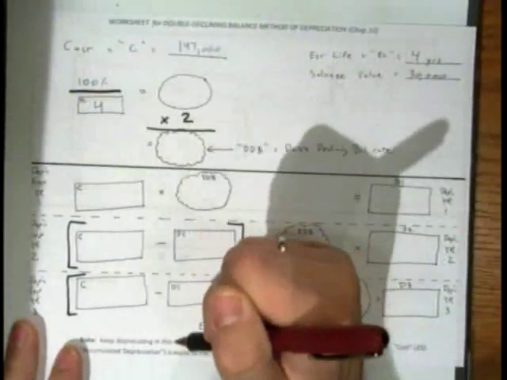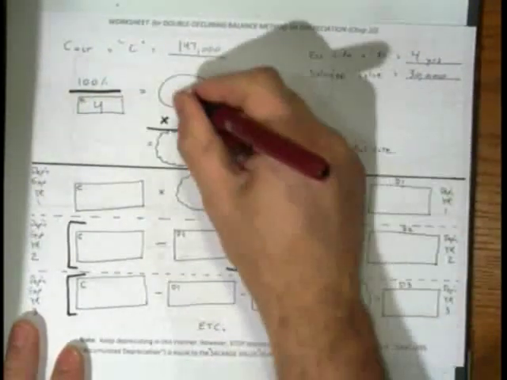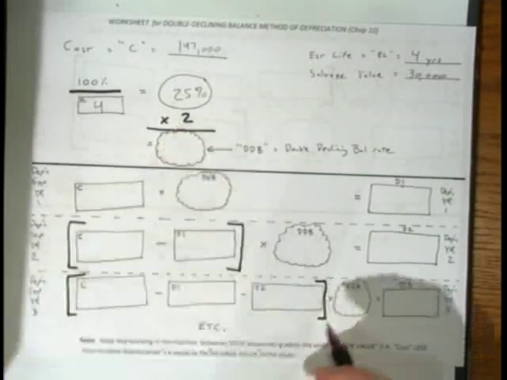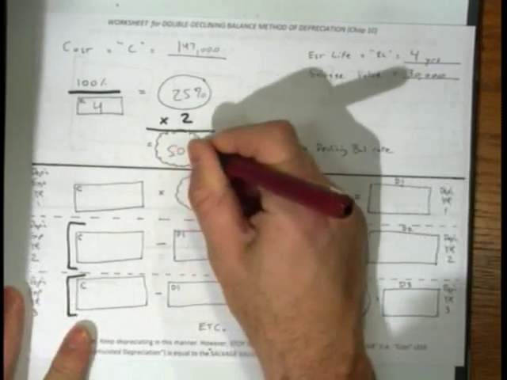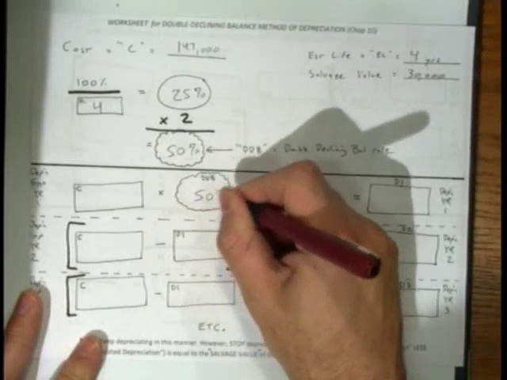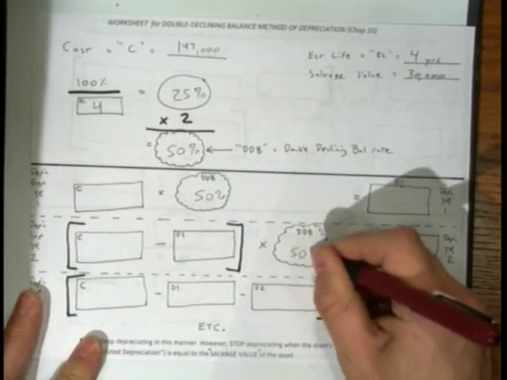And that gives us what? 25%. We take that times 2 because this is the double declining balance method, and that gives us 50%. That's our double declining balance rate, correct? So we can go ahead and write that in the squiggly bubble.